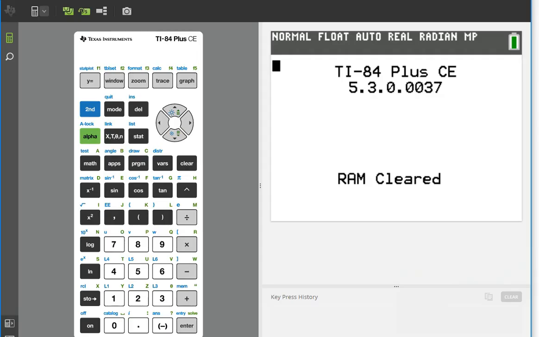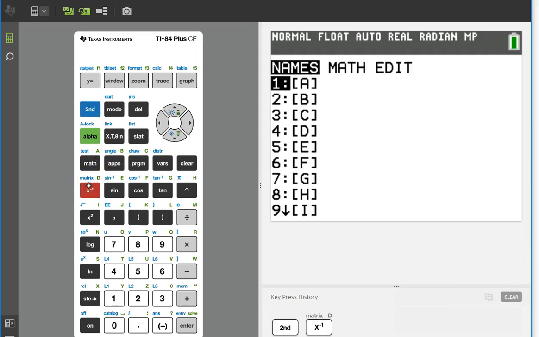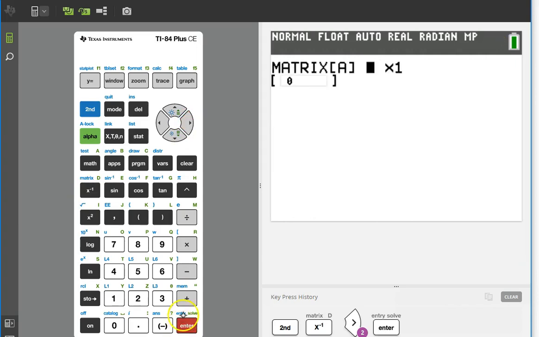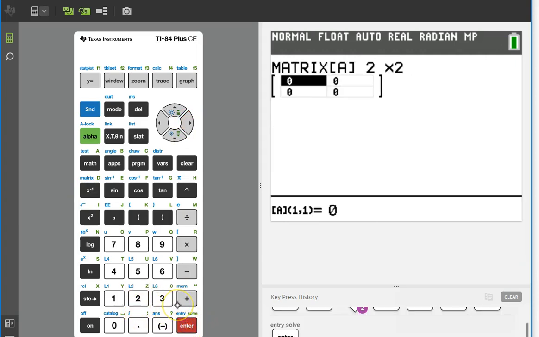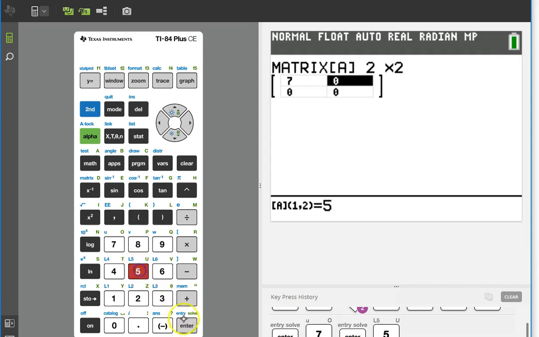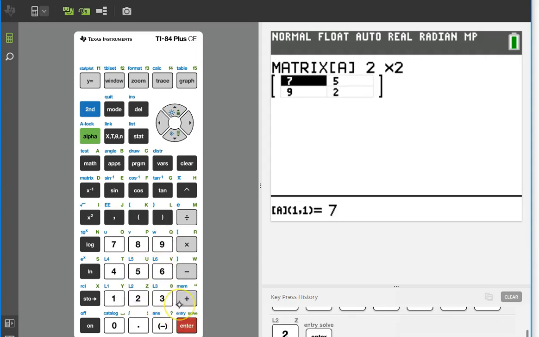So let's look at our calculator. Let's put that same matrix in our calculator. Second matrix, I'm going to edit matrix A. It's a 2x2, and it is 7, 5, 9, 2. So there I put it in.